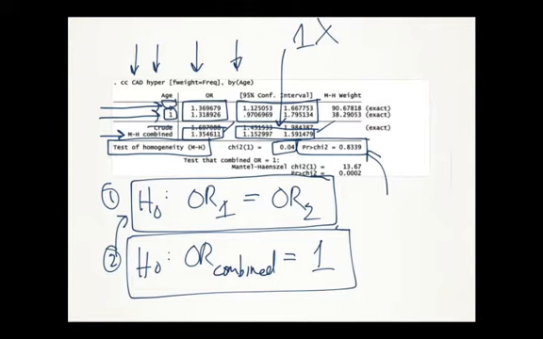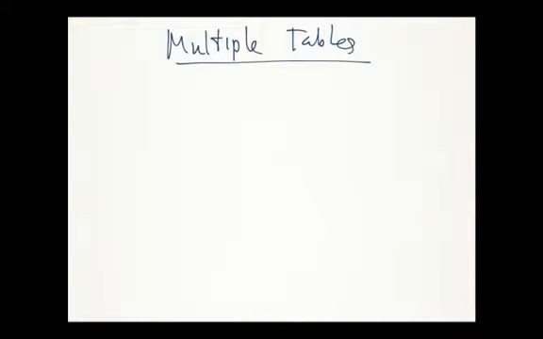And now we want to ask the question, is our combined odds ratio significantly different from 1? We want to extend the chi-square method to multiple tables, for this null hypothesis that the combined odds ratio is equal to 1.